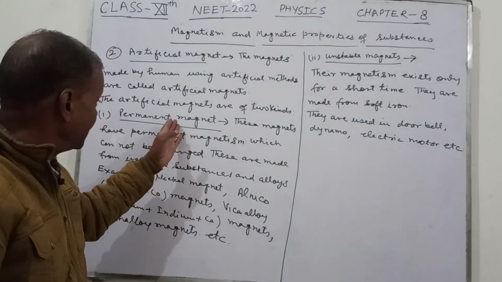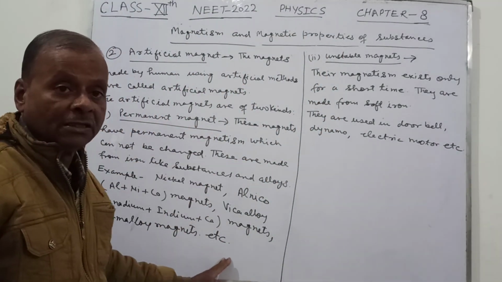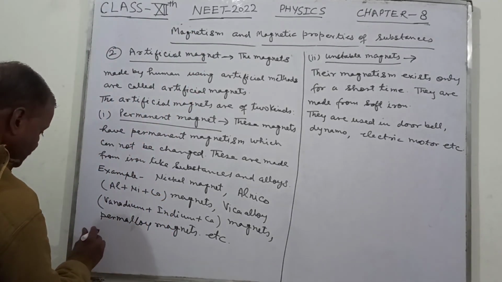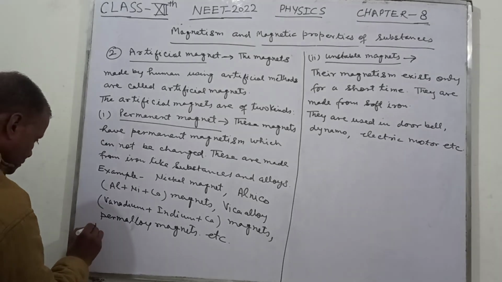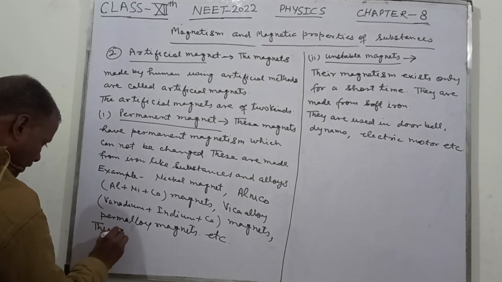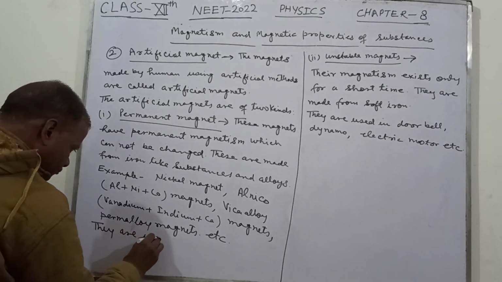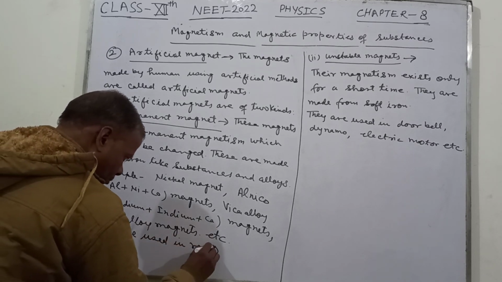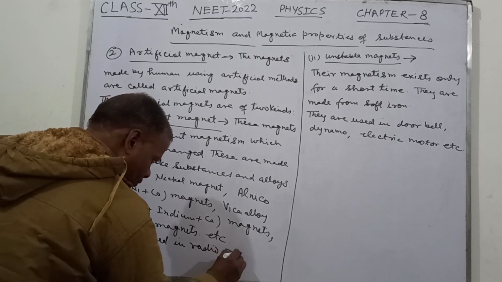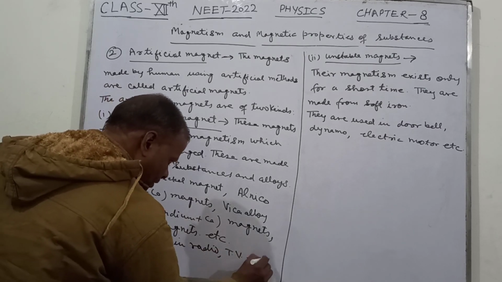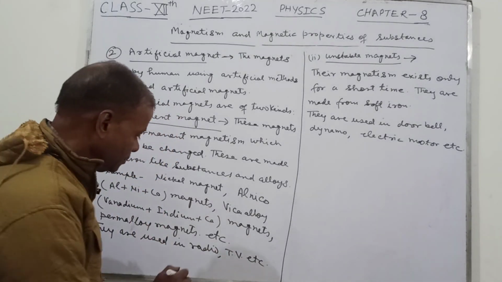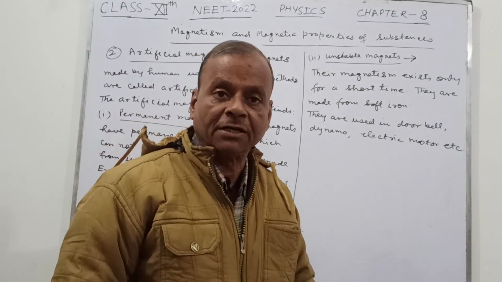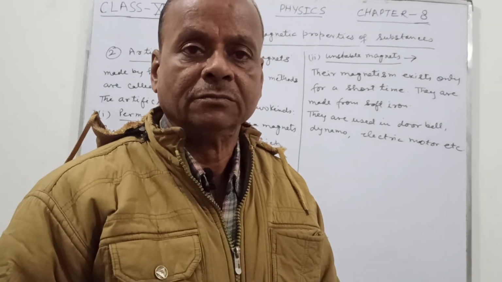The permanent magnets are used in radio, TV, etc. So this is the initial part of magnetism.